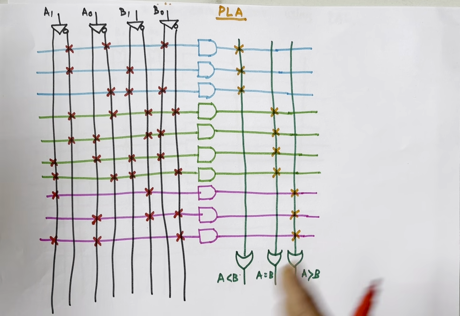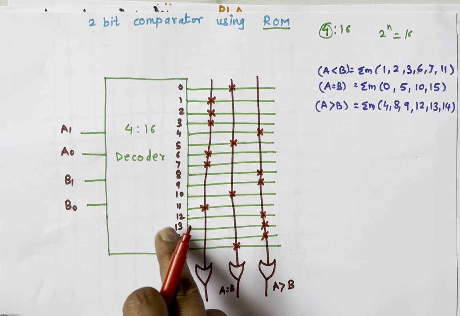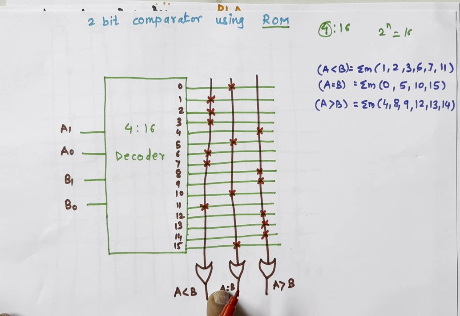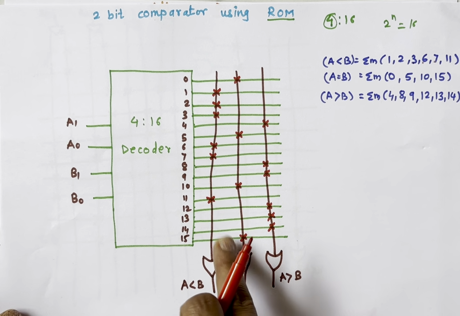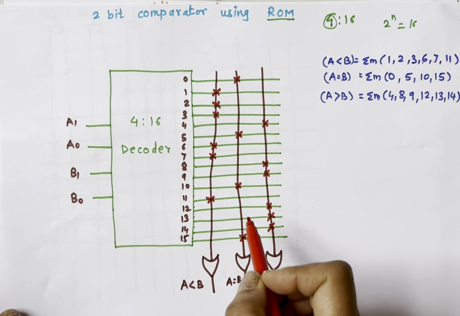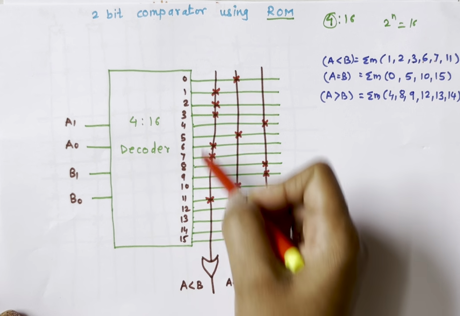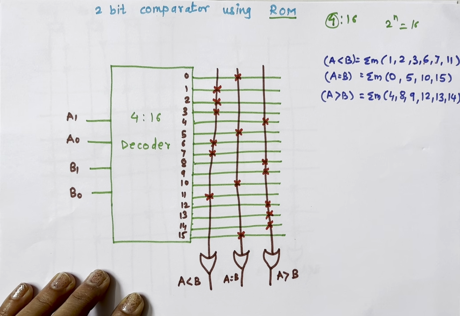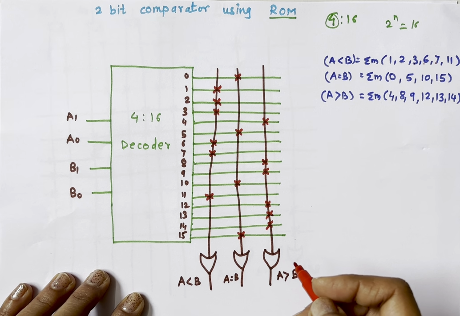And here is the 2-bit comparator using ROM, where the AND matrix is fixed, and that is why we use a decoder, and the OR array is programmable. This is the oldest PLD, ROM. The best part of this is the OR matrix is programmable, but the worst part is even if we don't use any output, it generates all the minterms or all the AND outputs. So this is how we can implement a 2-bit comparator using ROM, PLA and PAL.